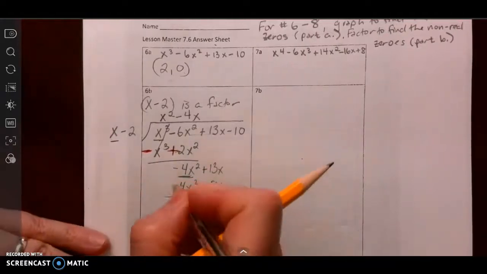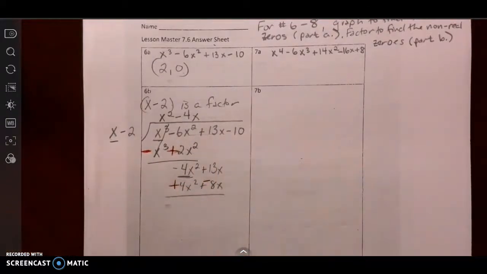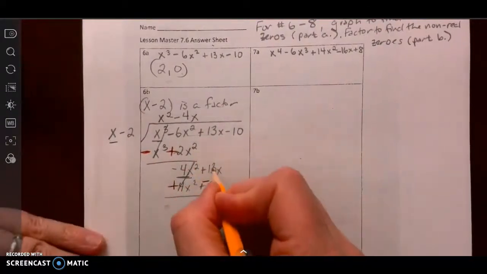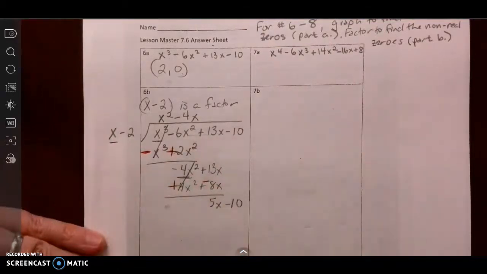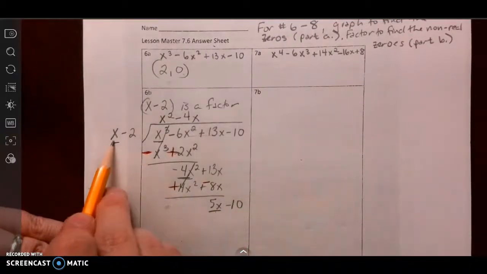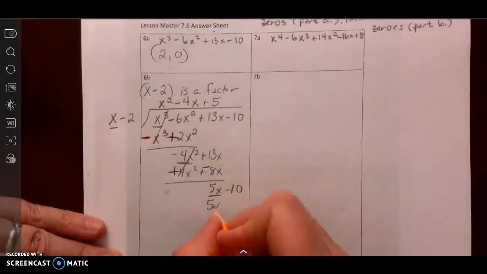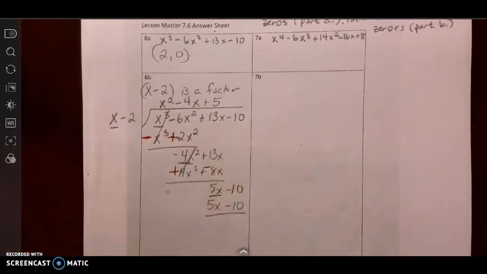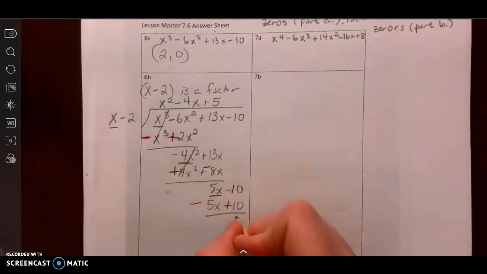Since I'm subtracting, I change my signs so that I can simply add. These cancel. 13 minus 8 is 5x minus 10. I carry down the negative 10. Focus on the first. 5x divided by x is 5. And I get 5x minus 10, which will give me that remainder of 0 that I was expecting.